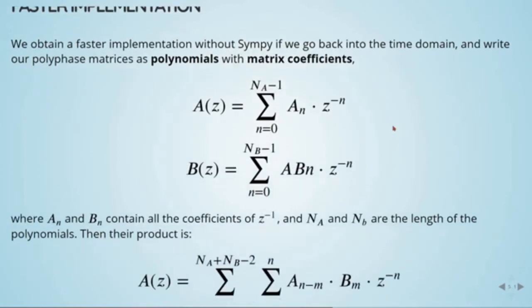So this is what we are going to do here, where A_n and B_n contain all the coefficients of z to the power of -1, and capital NA and capital NB are the lengths of the polynomials A_n and B_n.